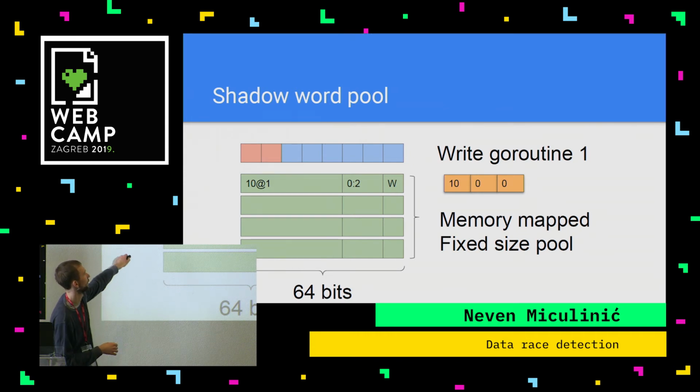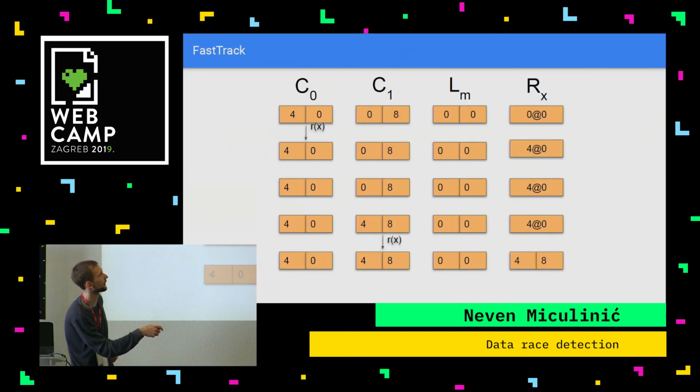For each 8-byte chunk, they decide to have 4 shadow words, which explain: what subset of the 8 bytes was written or read? Was it a write or a read? And which goroutine performed this operation and at which logical time. So this shadow word pool is an approximation of these writes and reads.